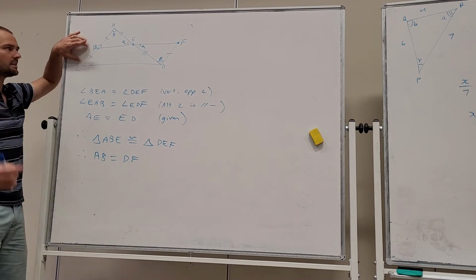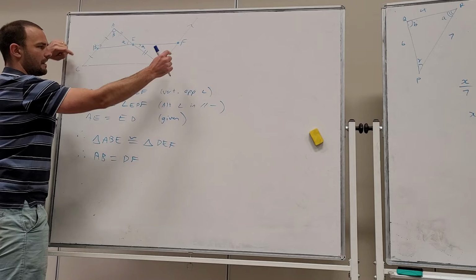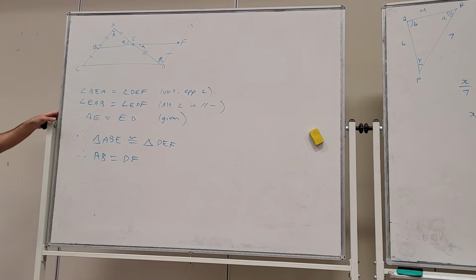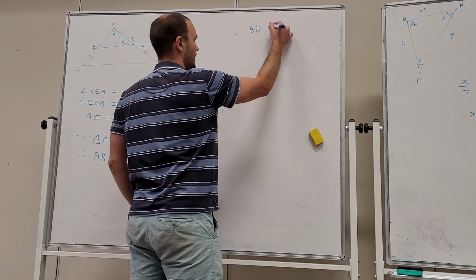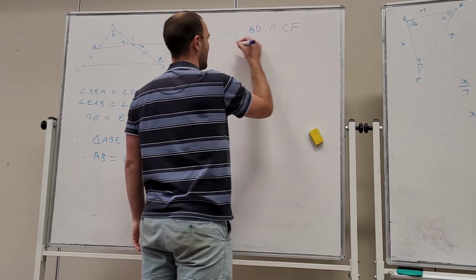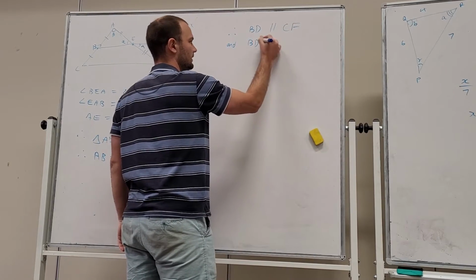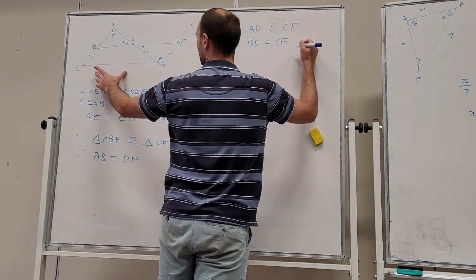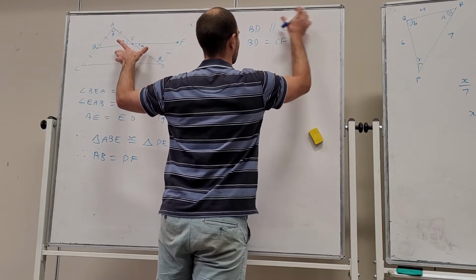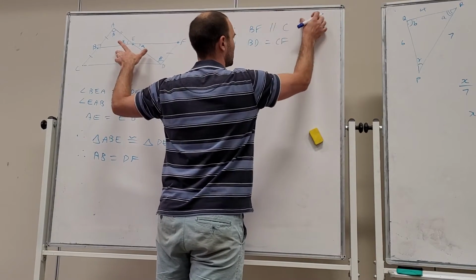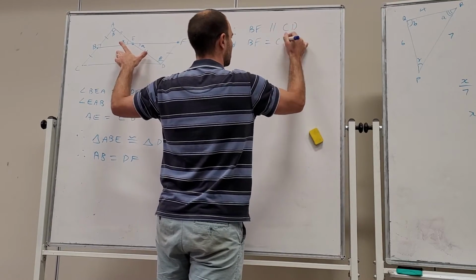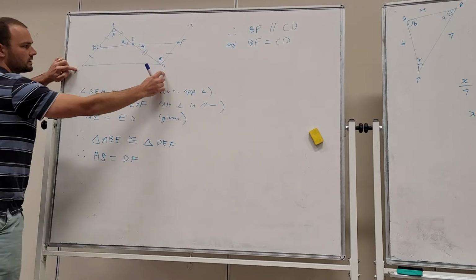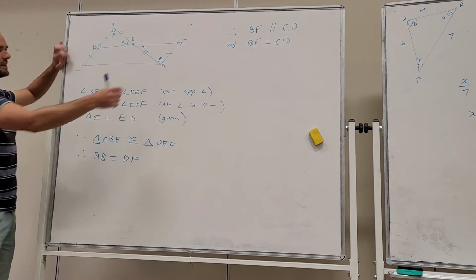Which means these two lines, BF and CD, are parallel and the same length as well. BF parallel to CD, BF equal in size to CD.